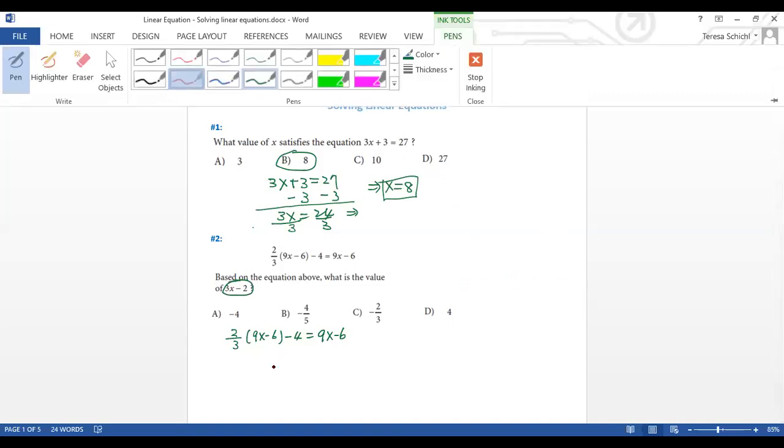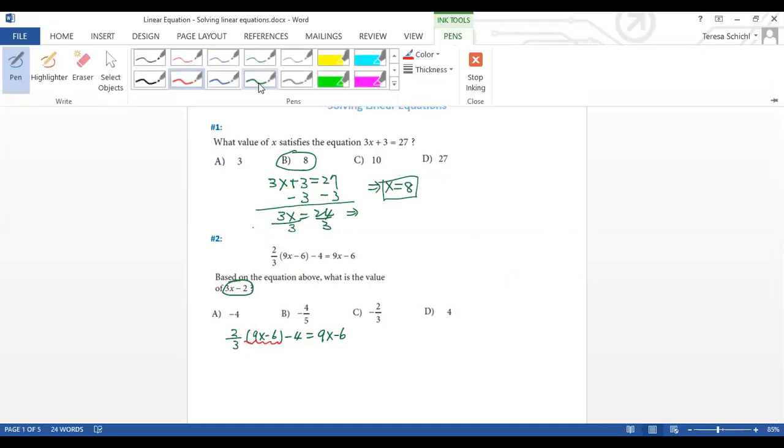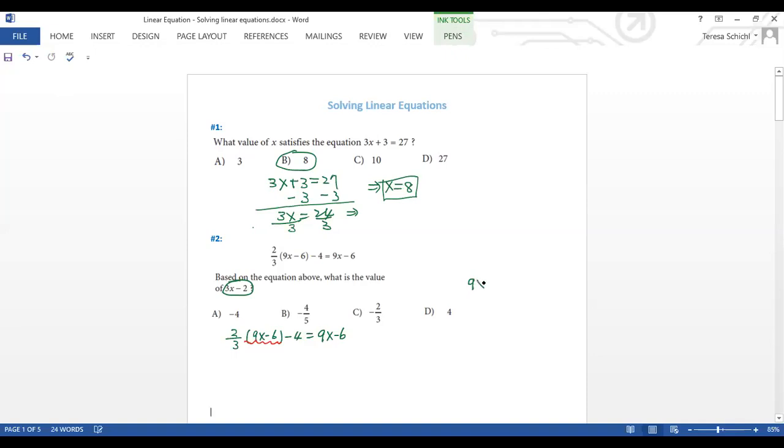So you see here, this is 9x minus 6. If you take the 3 out, what you have here is 3x minus 2, right?